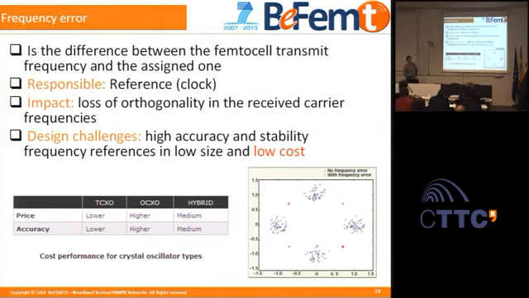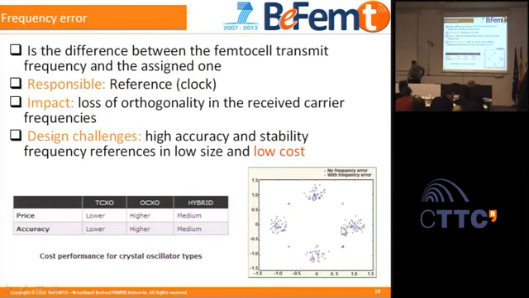And if you have a bad frequency error, the impact is the loss of orthogonality in the received carrier frequency. For example, you can see in this figure a QPSK signal constellation.